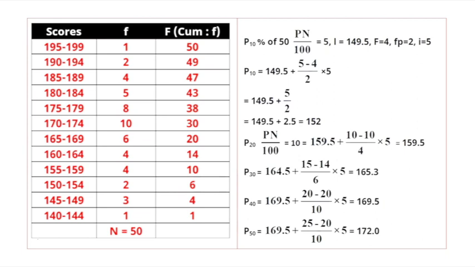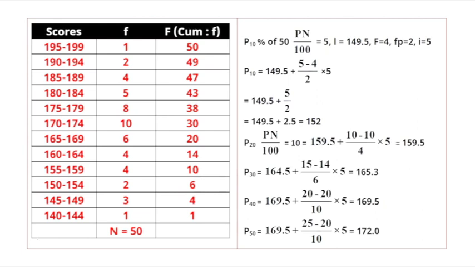What is the lower limit? 164.5 we have put, Pn upon 100, 15 minus f. Now, f is the sum of the frequencies of the class intervals which are less in value than the class interval in which Pn upon 100 is coming. So, the sum is 14. So, 15 minus 14 upon the actual frequency, that is 6.